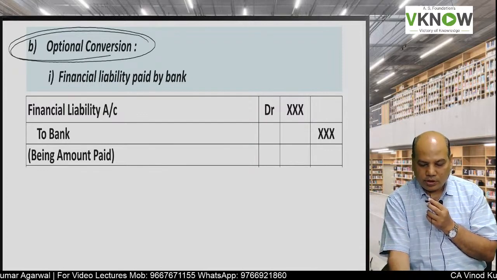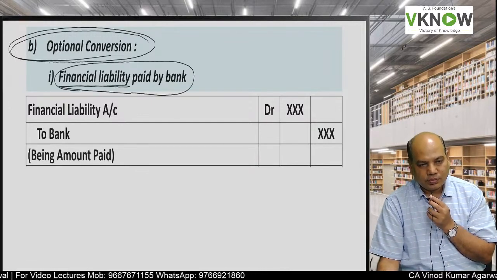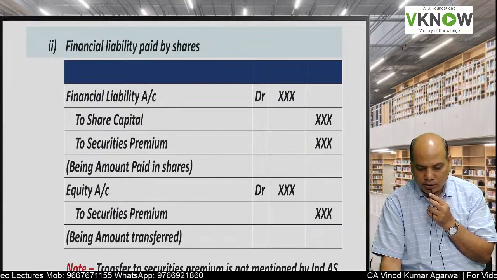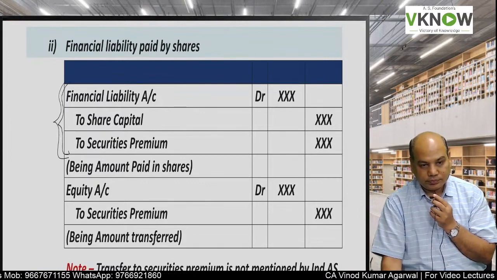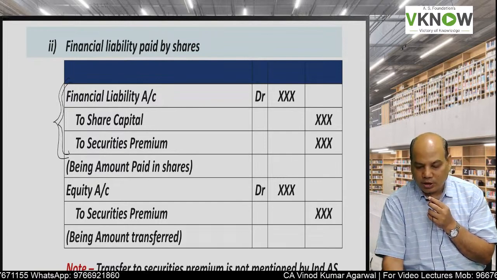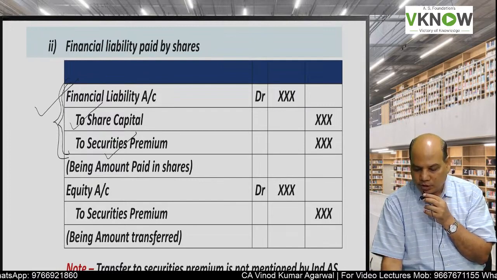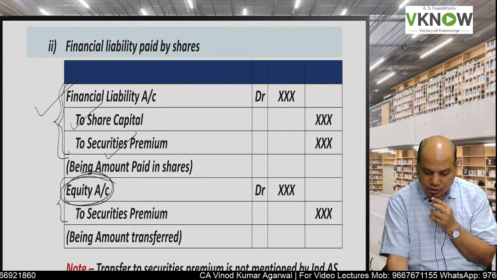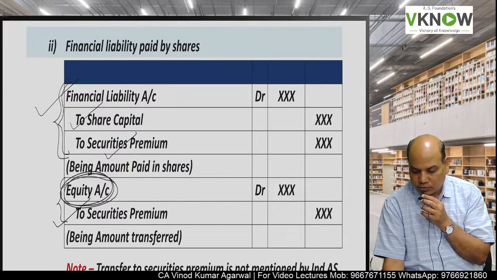Suppose we settle the financial liability by paying cash. Suppose the holder wants cash, financial liability to bank. Suppose the holder wants shares, or we issue shares, then the liability account debit to share capital to securities premium, and whatever is the balance left in equity account, that we will transfer to securities premium account.